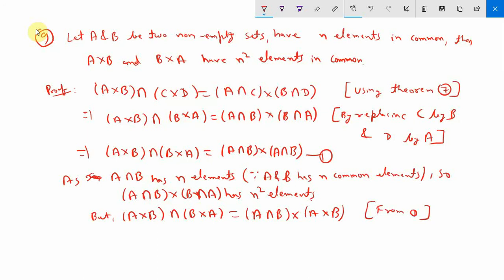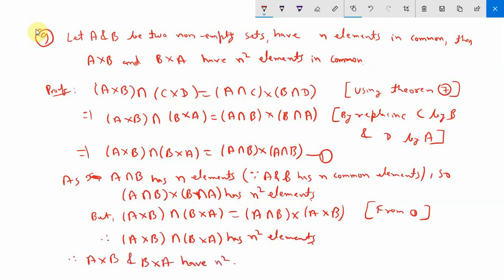Therefore, (A × B) ∩ (B × A) has n square elements. Therefore, A × B and B × A have n square elements in common. Okay, so let me clear this.